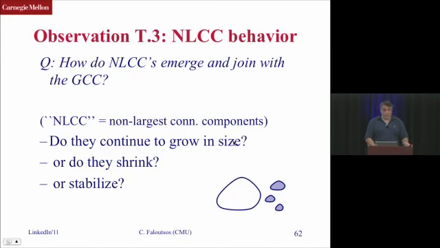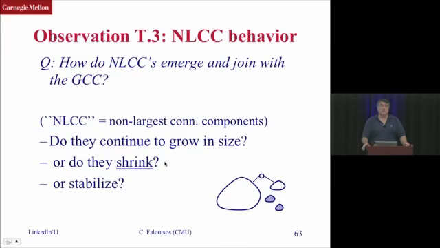So one theory would say, well, everything should grow proportionally, self-similarity, fractals, and things like that. So if the giant connected component grows, the second largest connected component should also grow a little bit, and the third and the fourth, right? The other observation says yes and no, right?